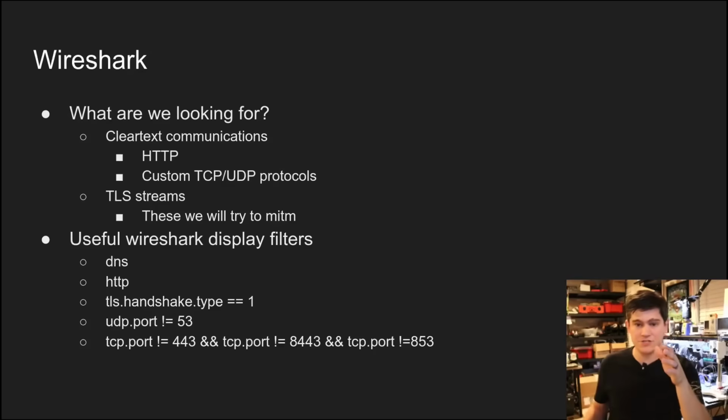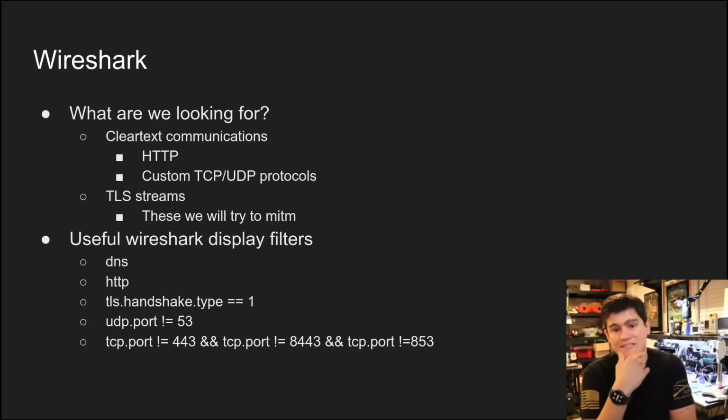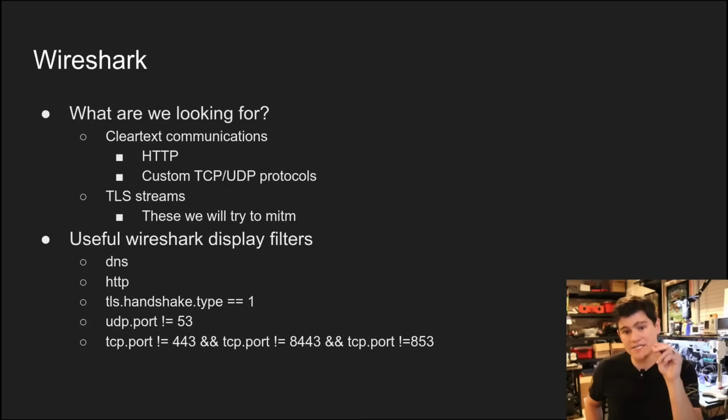You can just type TLS and use that filter to filter all TLS traffic. But what I really like to do is use this TLS handshake type equals 1. That is the client hello message. Each time a TLS session is initiated, the client is going to send a client hello message to the server.